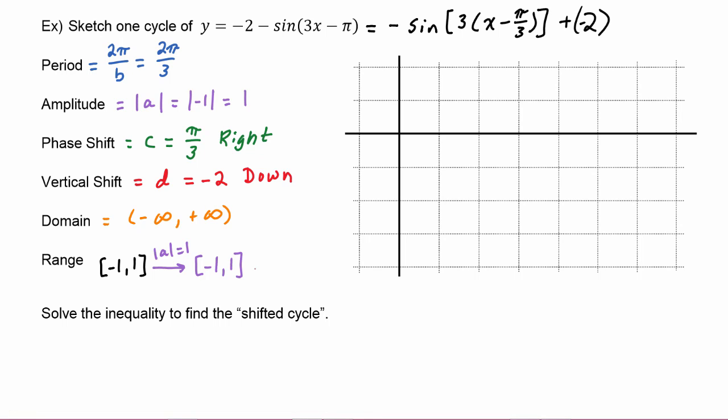And then it is affected by the vertical shift, which is -2. So we have to take each of those y values and move them down by 2. So -1 down by 2 becomes -3. +1 down by 2 becomes -1. So that's the range we expect to see on our graph.